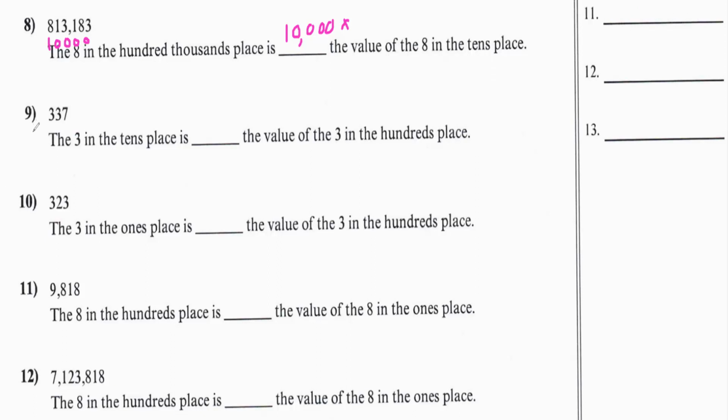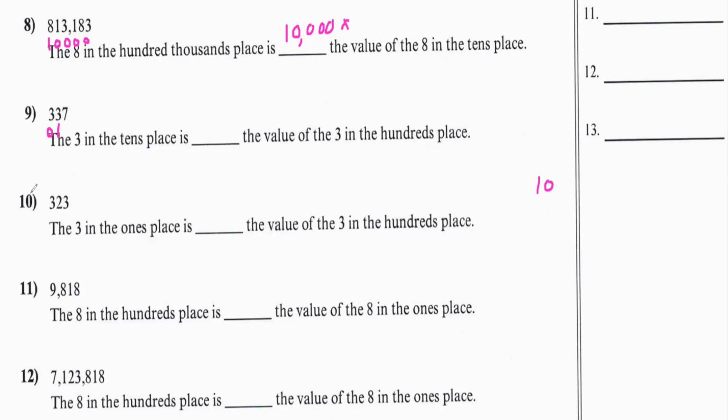Then number 9, 3 in the tens place. This is tens place 3. I'm putting here 1. And what is the value of the 3 in the hundreds place? So 100 place, this one, put the 0. Since I put the 0 on the left side, you have to divide by that number. There is a 1, and always you have to put 1. It does not matter if I am putting the 0 on the left side or right side. When you calculate, always you have to put it on the right side.